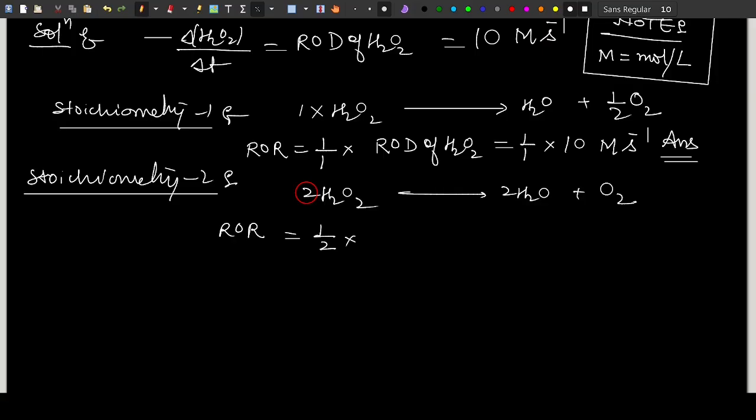That's why here we write 1 upon 2 into rate of disappearance of H2O2, so 1 upon 2 into 10 mole per liter per second is equal to 5 mole per liter per second. This is again an answer.